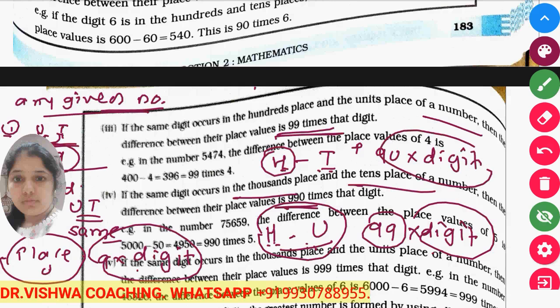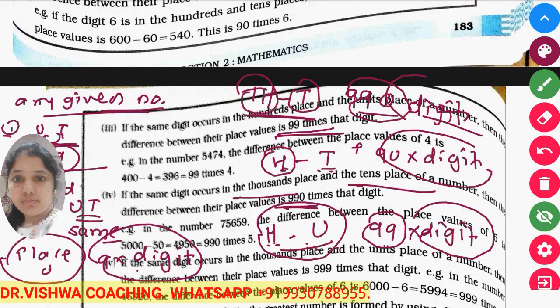And if the 1000 and tens place digit is common, the difference between them is 990 times the digit. So these are all the things we learn.